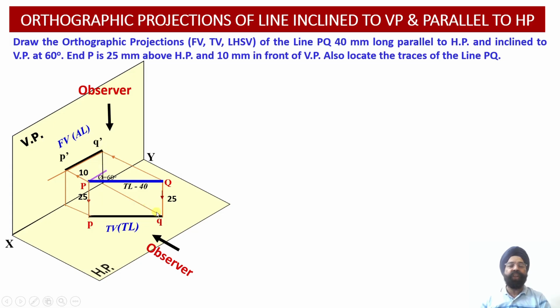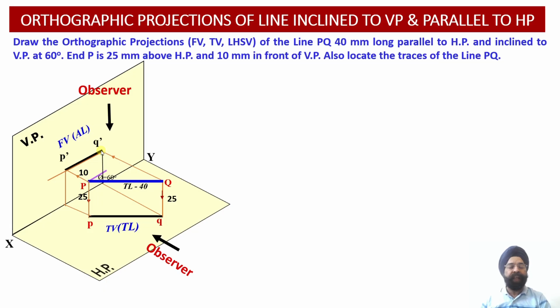By drawing these two projectors, we will be able to obtain the interrelationship between point P in the front view and point P in the top view projection. Similarly, we will be able to establish the relationship between the projections of point Q in the front view and the top view.